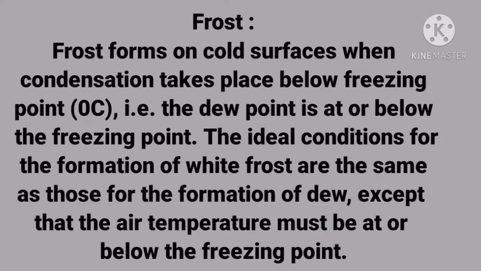The intensity of the frost is indicated by the number of degrees centigrade that the air temperature falls below the freezing point of water, that is 0 degrees centigrade. We can say frost is not good for agriculture because frost destroys vegetables, staple crops, sugarcane, and orchards.